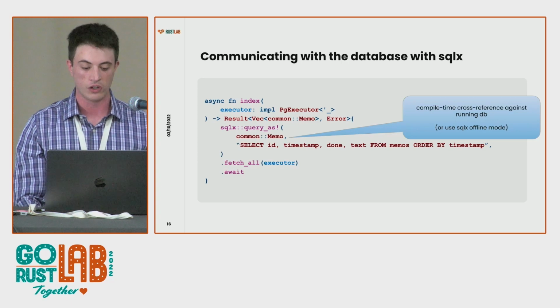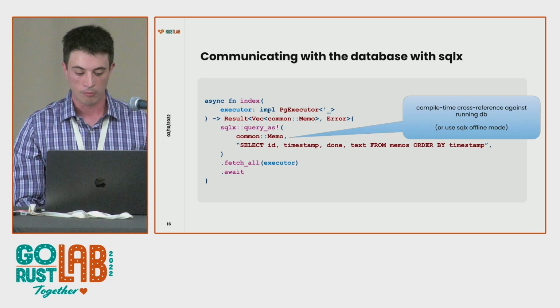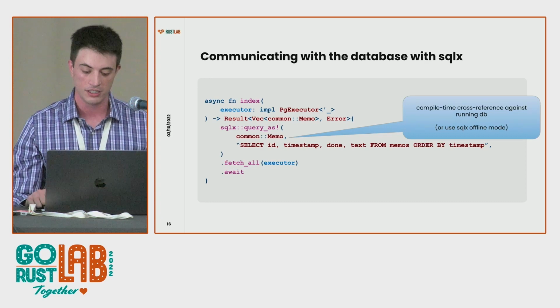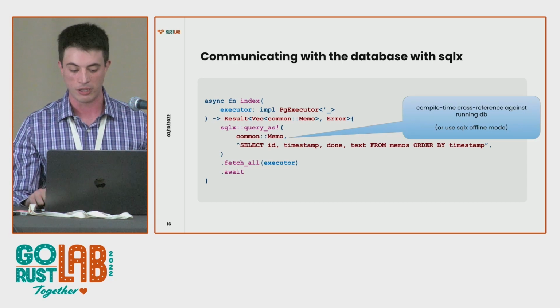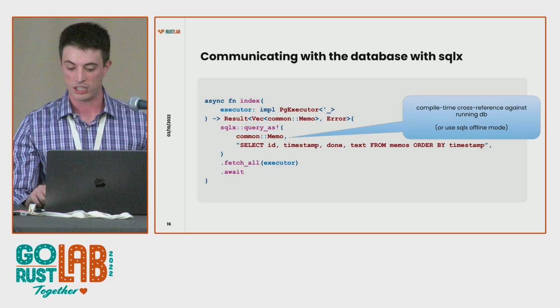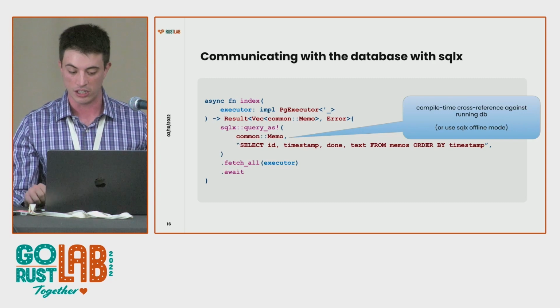And all this function does is just run a SQL query through the SQLX query as macro. But the important bit here is that you see the first argument of this macro is actually a type, and this allows us to check at compile time if the query will actually instantiate the right type.